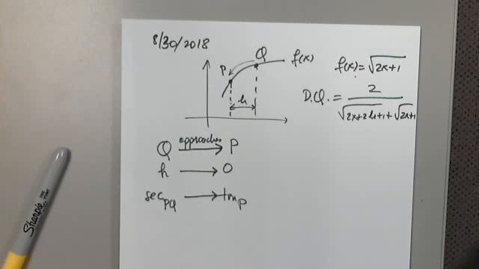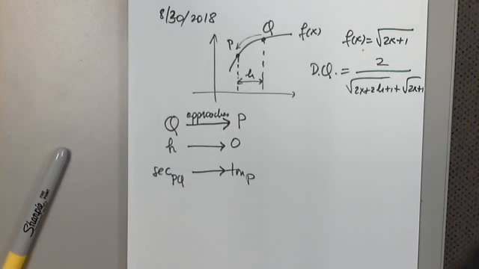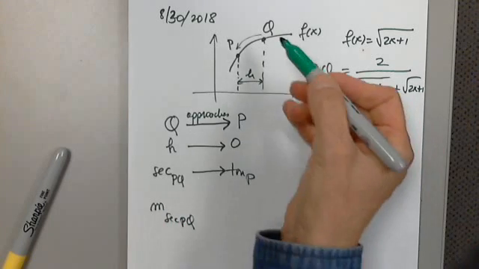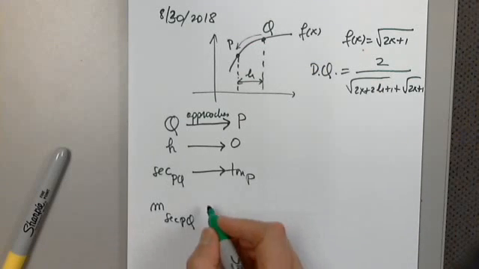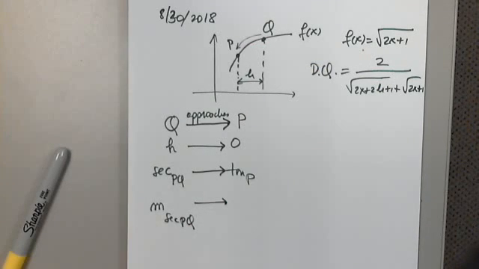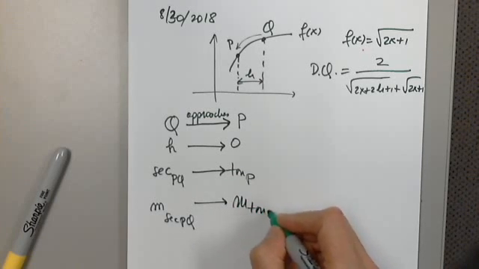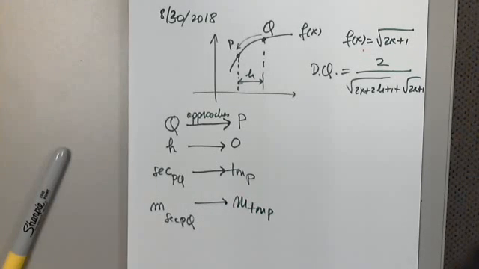Yes? Very good. So now here's another question for you. Then what happens to the slope of the secant line PQ when I bring Q closer and closer to P? What will that approach? Absolutely. It will approach the slope of the tangent line at P.